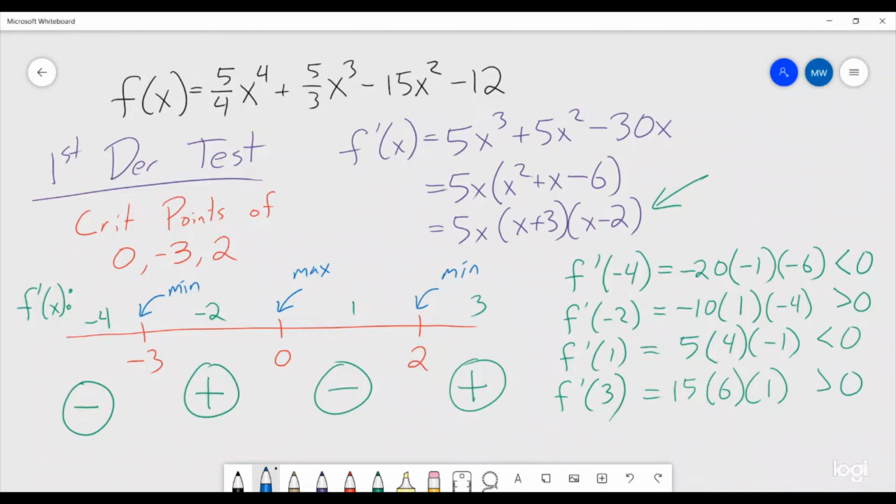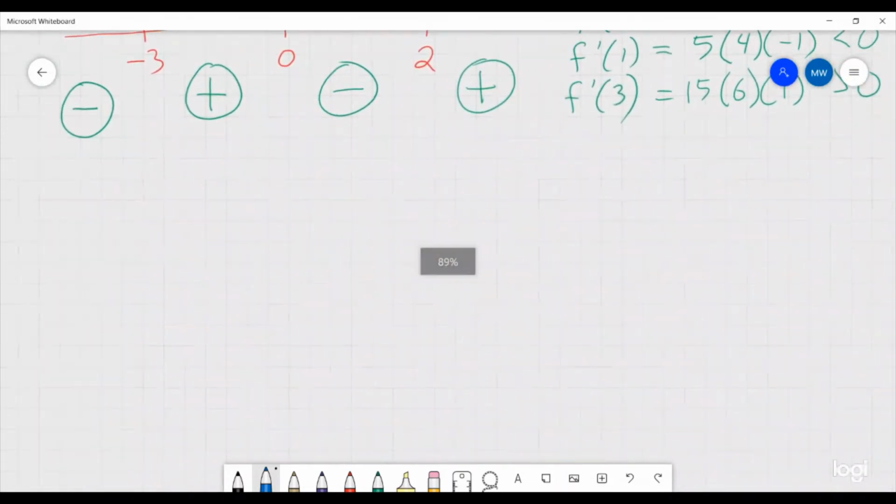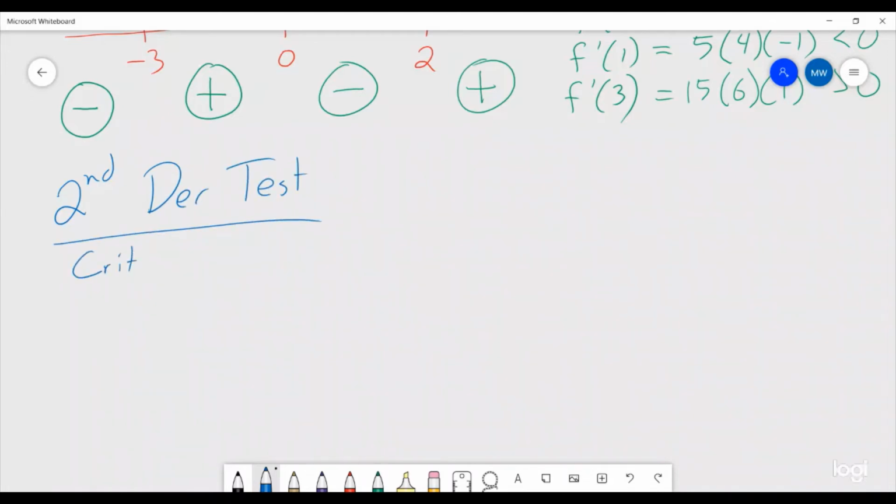Now, let's do the same thing using the second derivative test. For the second derivative test, we still need to know what our critical points are going to be. So critical points are -3, 0, and 2. We need our first derivative so that we can take its derivative.